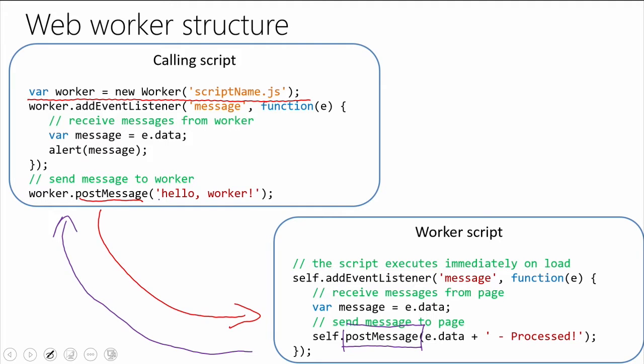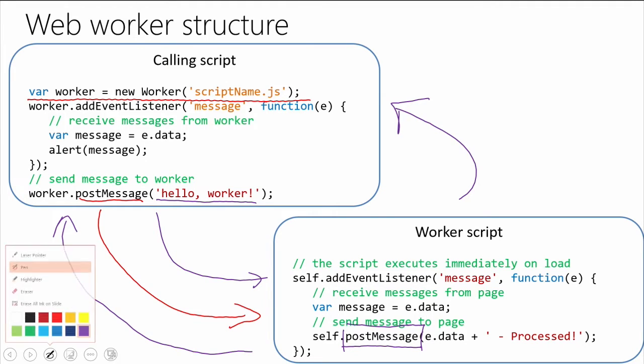Now, you're going to notice in my little sample script here that I just have basic text. You could absolutely use an object, and we'll come back and take a look at that in just a couple of minutes and show how you could do that. You're also going to notice the event in question. If we send a message down to the worker or to the calling script, how do we actually capture that message?